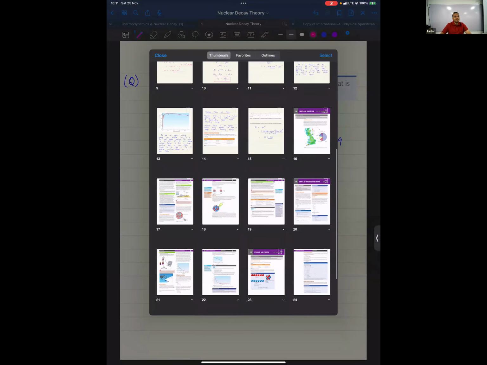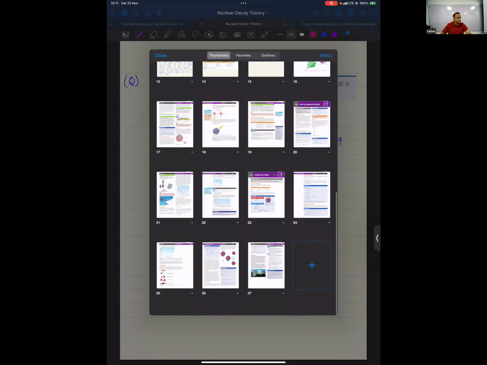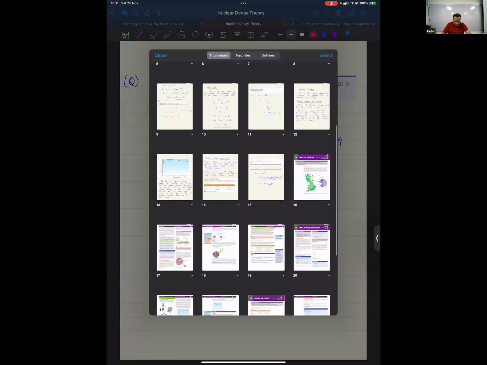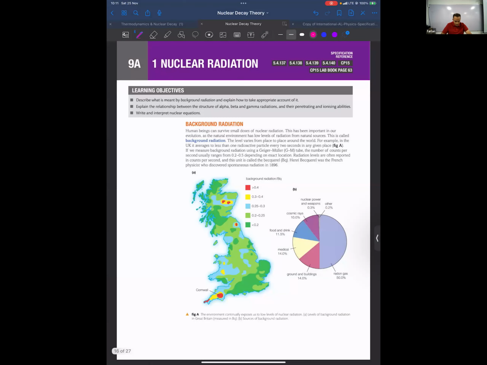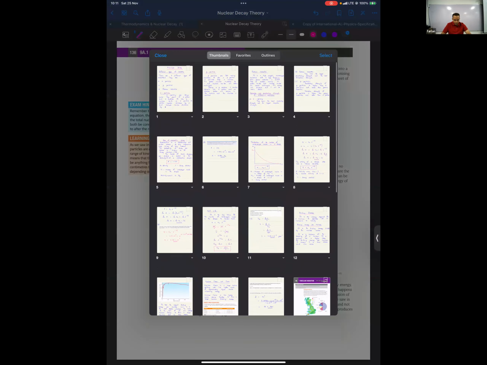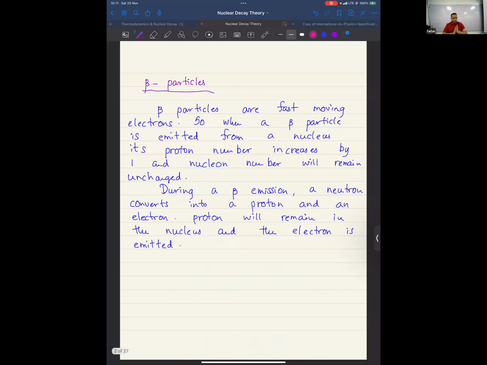Fast moving electrons are beta particles. Beta particles are fast moving electrons.